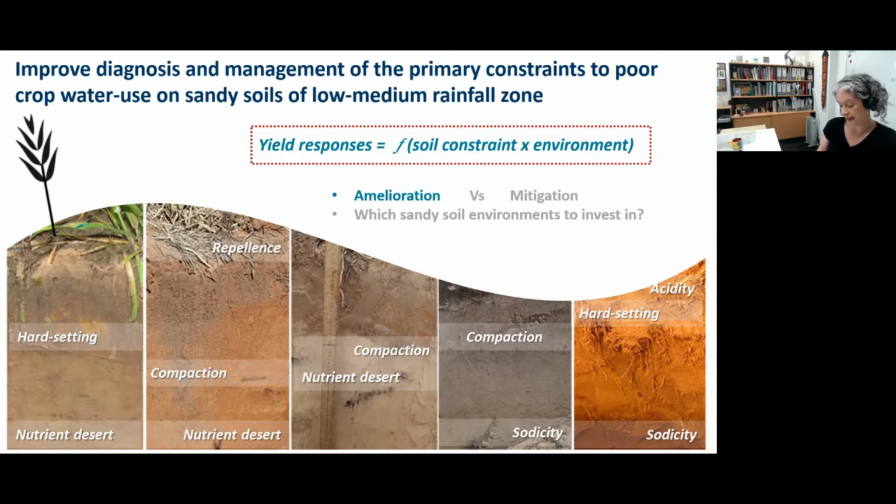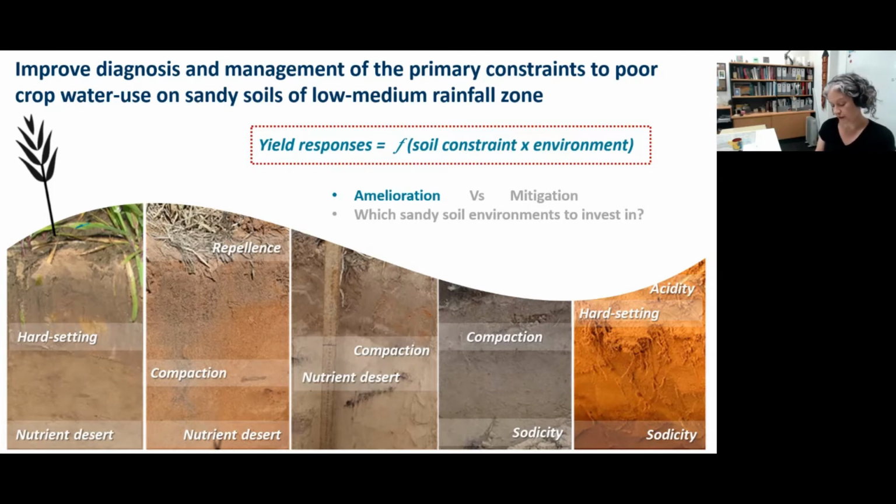There was a real lack of understanding as to what the primary constraints were to root growth and water use, and also how to target those constraints in terms of management.